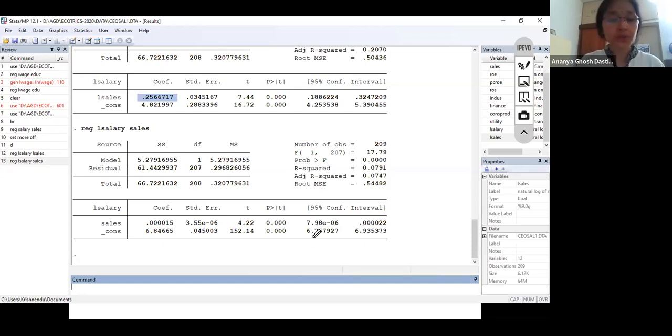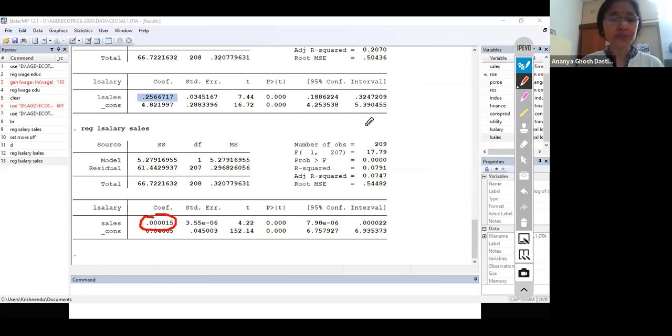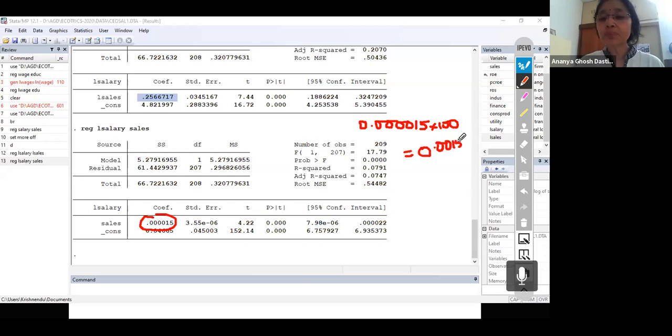So this is that 0.00 thing. You will take that 0.00015 into 100, and what will you get? 0.0015%.